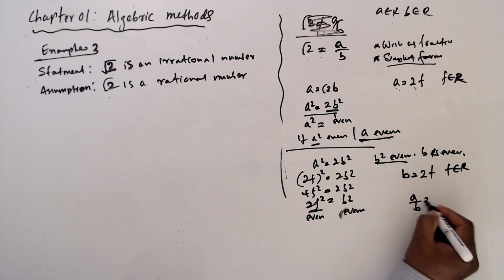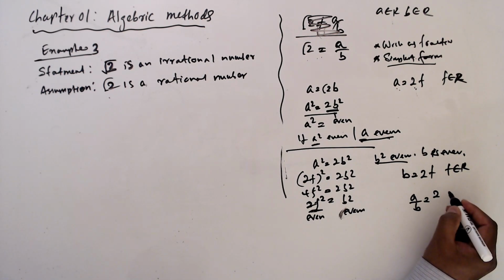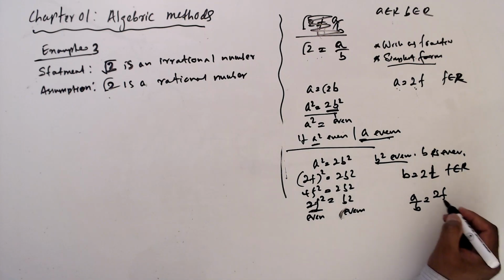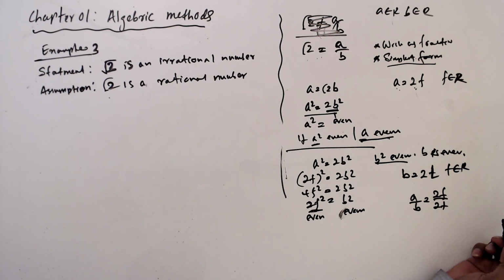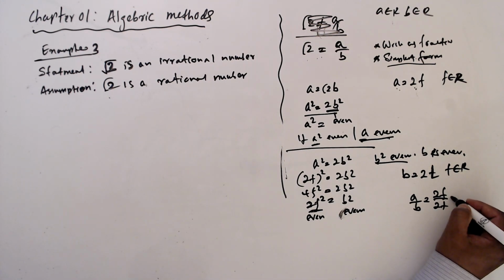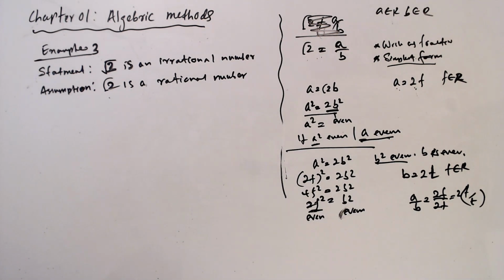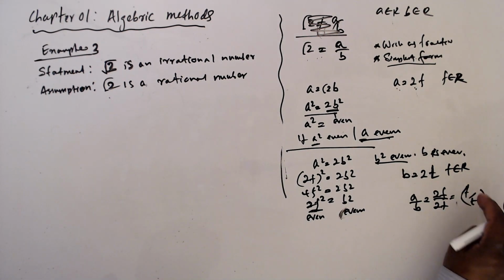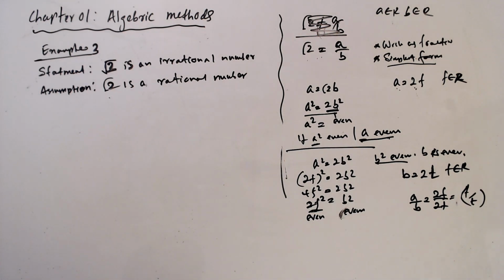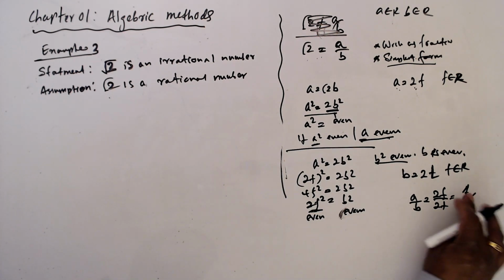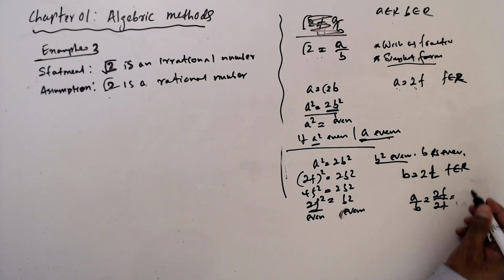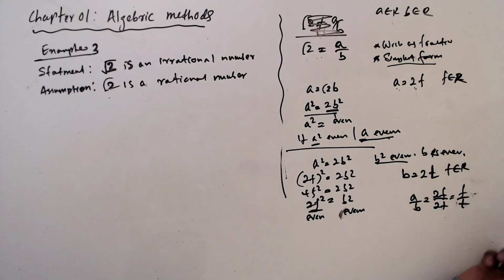So a divided by b is 2f divided by 2t. So 2 times f over t. What I wrote, 2 and 2 cancel out, f divided by t.